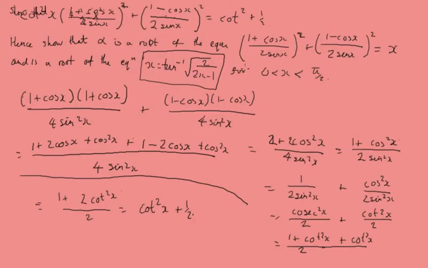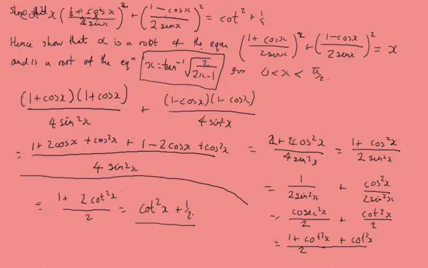And we're trying to, let's look back at the whole part of the question: hence show that alpha is a root of this equation. So we've shown that this is the same as this, equal to x, is also a root of the inverse tan of root 2 over 2x minus 1.